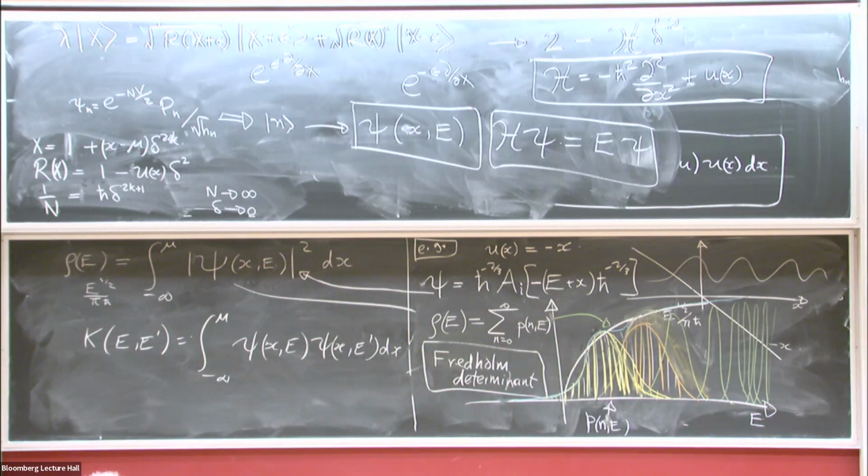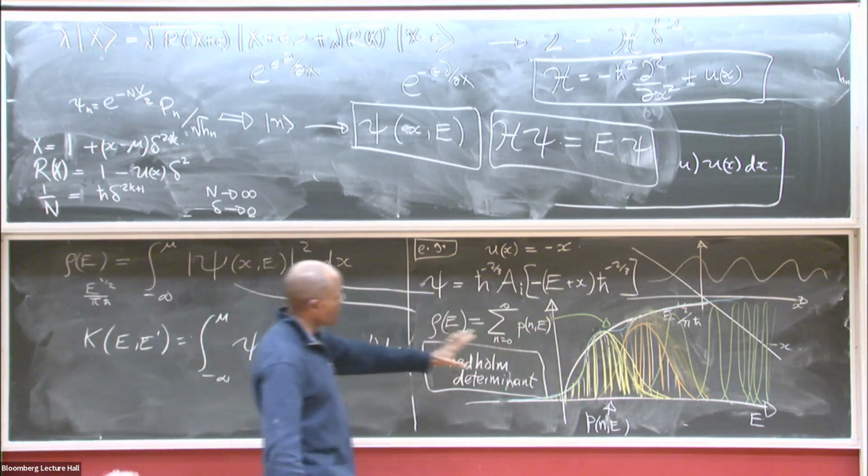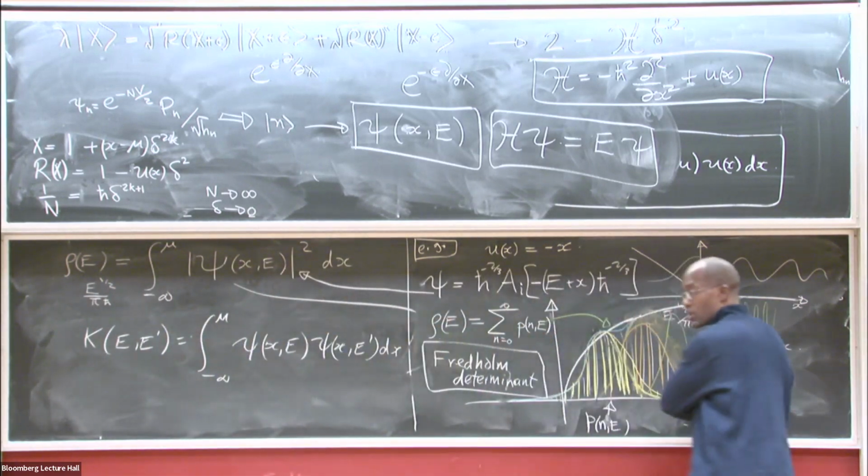So what are we going to do with this? What's the physics I'm getting at? I remind you, I can do all of this not just for the Airy model, but for any minimal model.